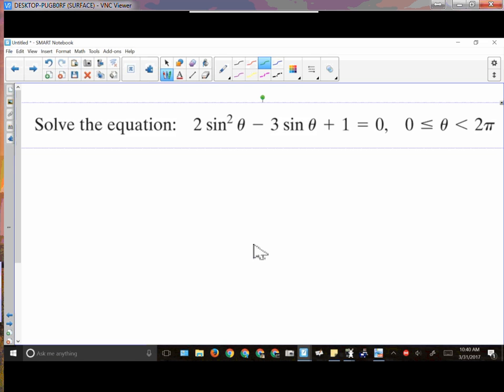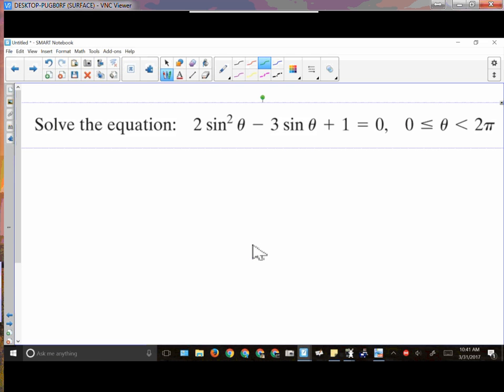Now I am going to show you a little bit of, well, I kind of used it a little bit now, but by going through and doing a substitution on this, it'll make this a far simpler problem to work with, because right now 2 sine squared minus 3 sine plus 1 just looks flat out ugly.